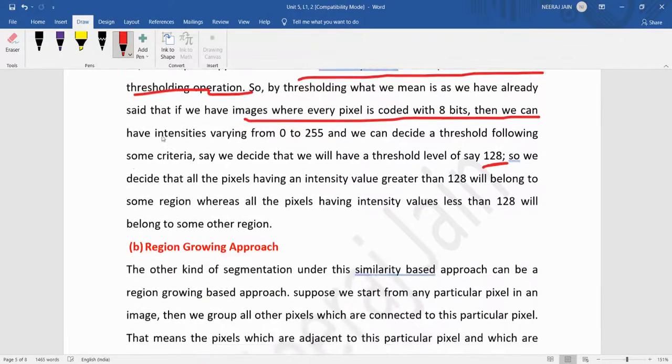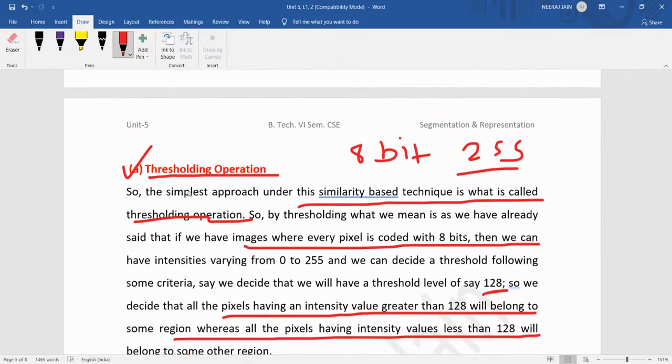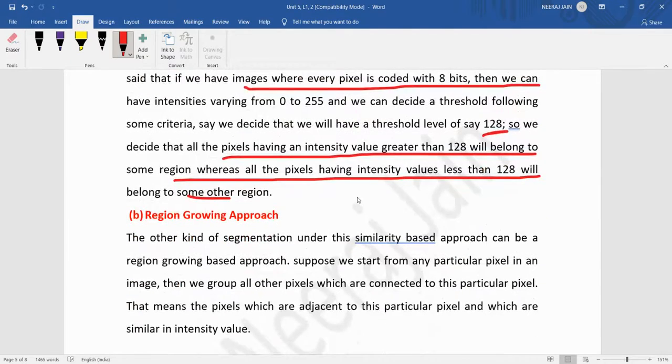So we decide that all the pixels having an intensity value greater than 128 will belong to some region, whereas all the pixels having intensity value less than 128 will belong to some other region. So on the basis of pixel intensity, we divide the image.